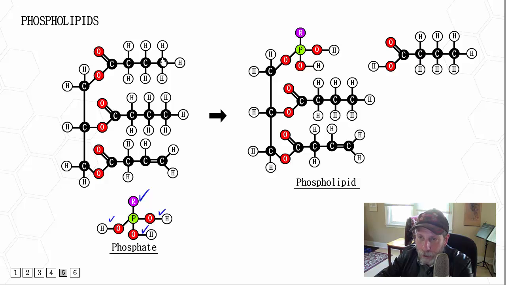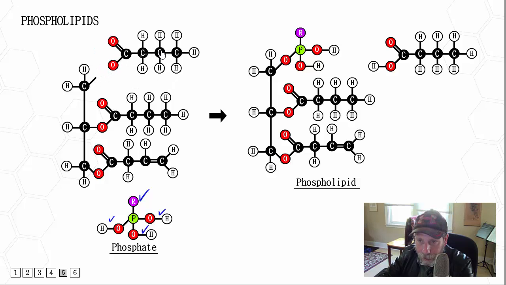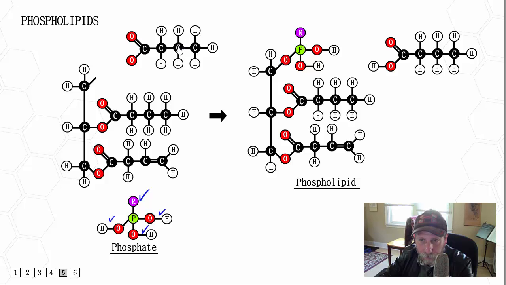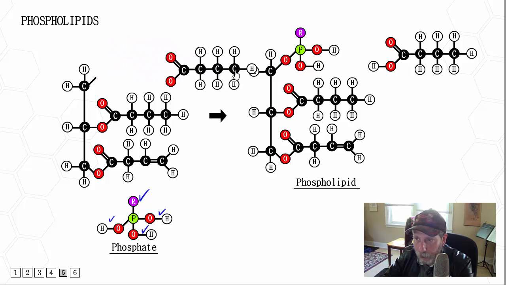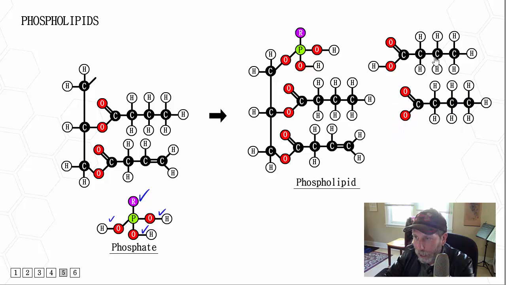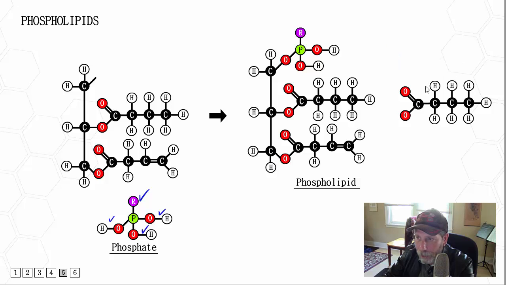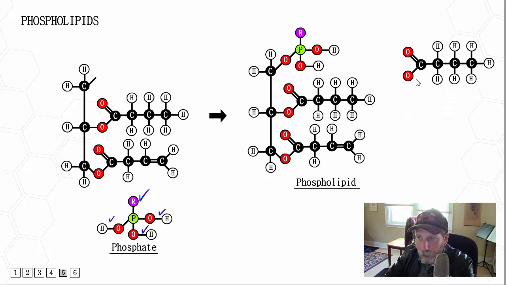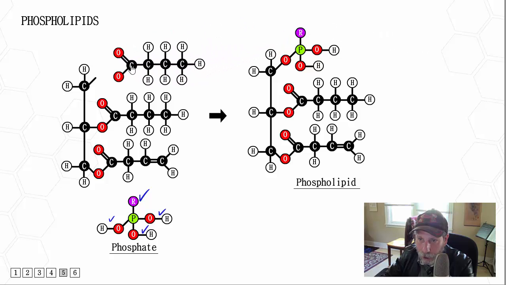So here's what essentially happens. I'm going to move something. You can't do this on your diagram, but an enzyme comes along and breaks this fatty acid off. This was attached. It breaks it off, and I'm just going to put this one over here, and I'm going to get rid of this one because it will be the same thing. So just tap that. There's the fatty acid that was here.